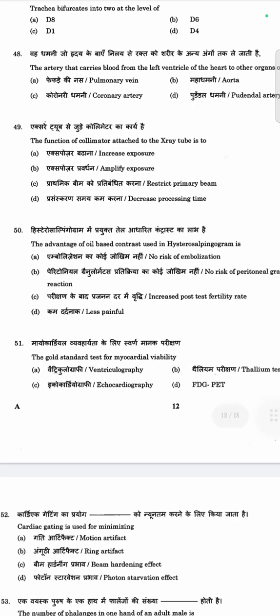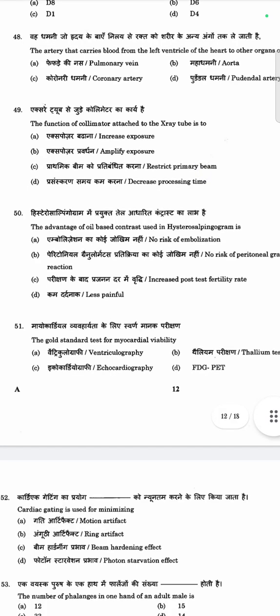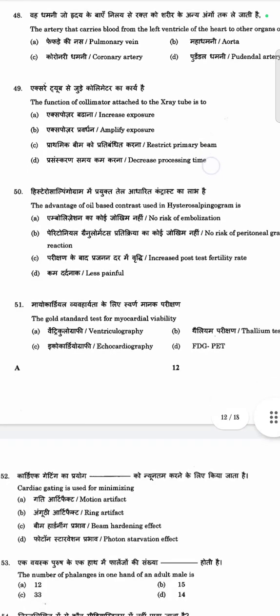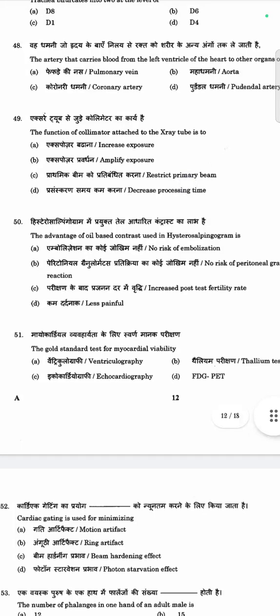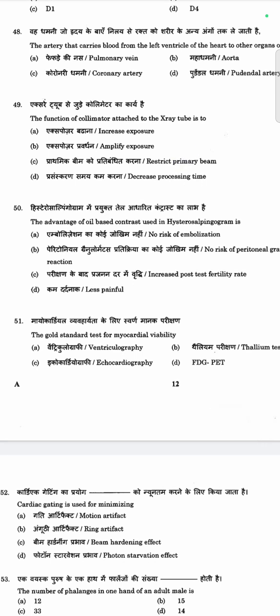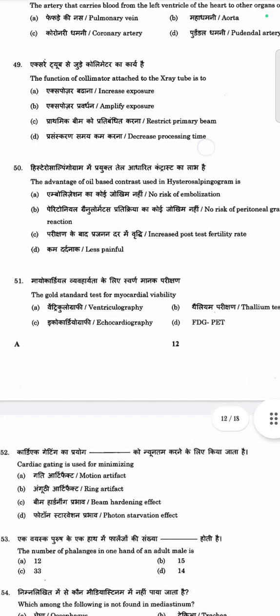The function of the collimator attached to the X-ray tube: increase exposure, amplify exposure, restrict the primary beam, or decrease processing time. The collimator decreases unwanted and secondary exposure, so it is not used to increase exposure. Amplified exposure is not a function of the collimator. Processing time does not vary with collimation. Restricting the primary beam, options B and C remain.